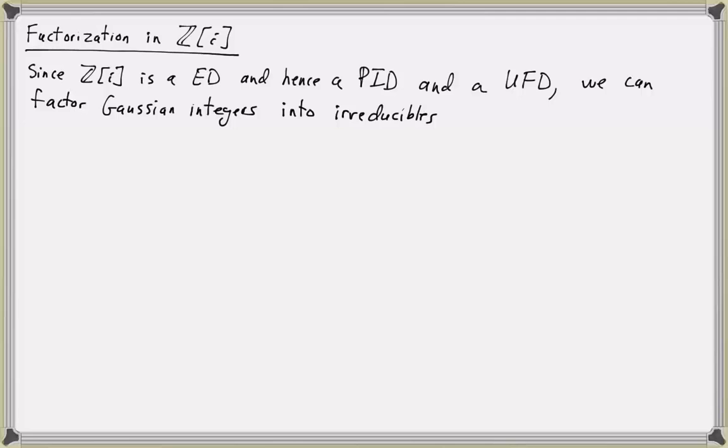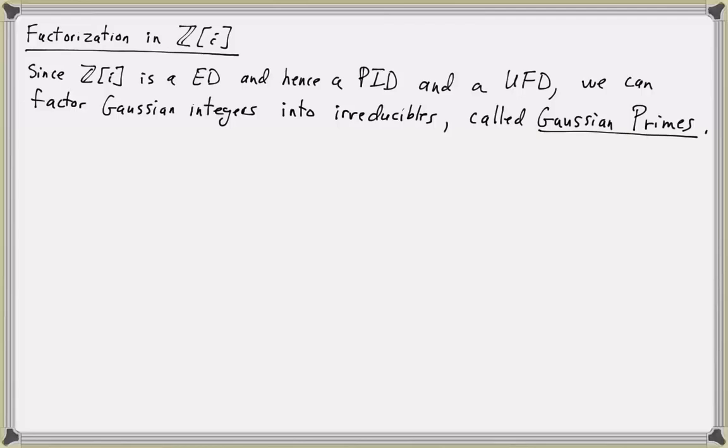So these irreducible elements or prime elements in the Gaussian integers are called the Gaussian primes. So an irreducible element or a prime element in the ring of Gaussian integers is called a Gaussian prime.